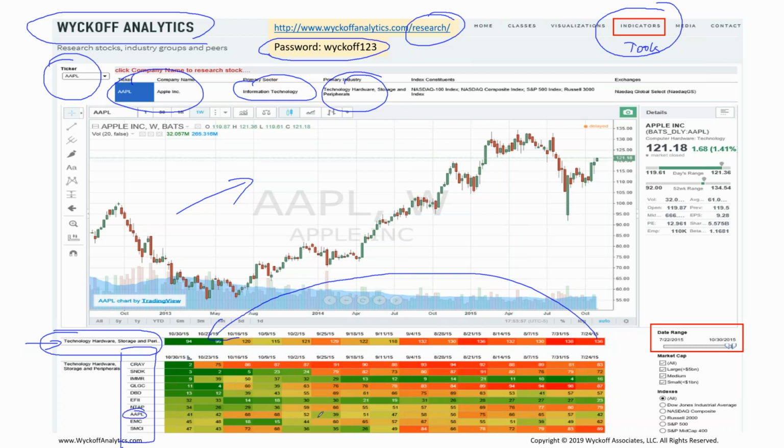So for instance, Apple has a rotation from 68 to 41, but at the same time, Cray has a much larger rotation, from 91 in 5 weeks, getting to the top two in the group. So that is so valuable.